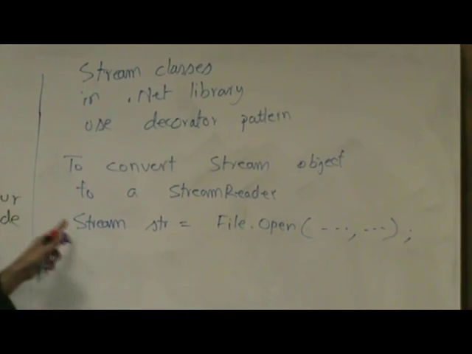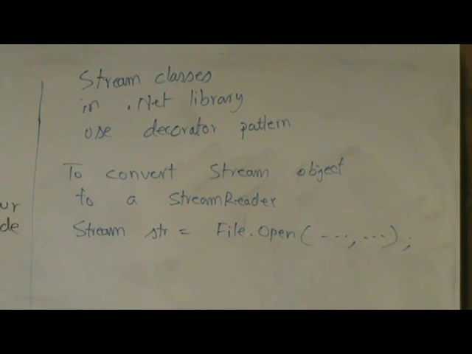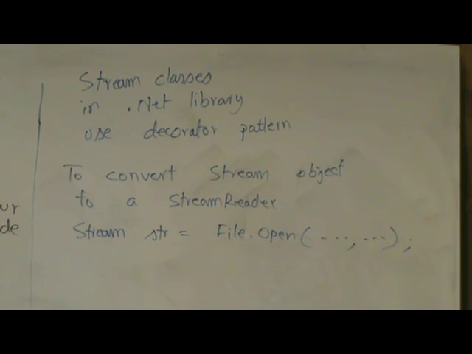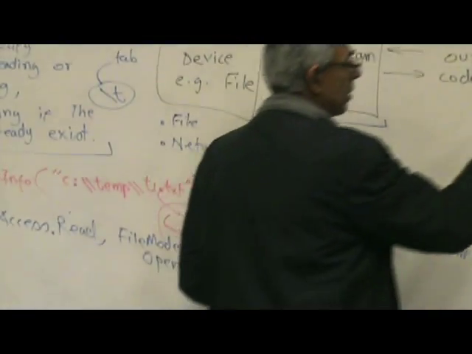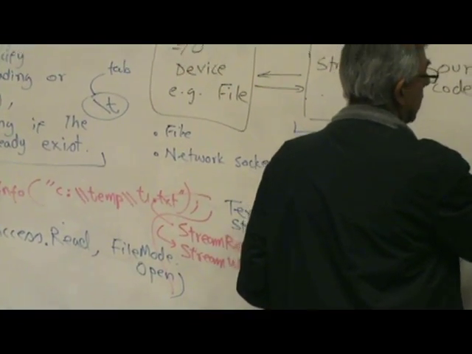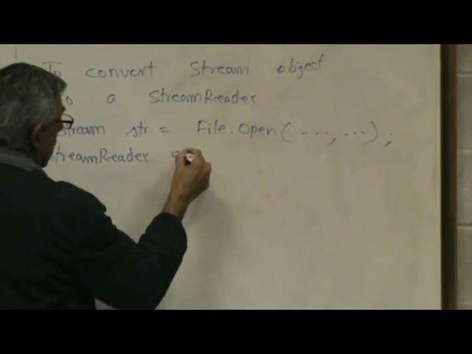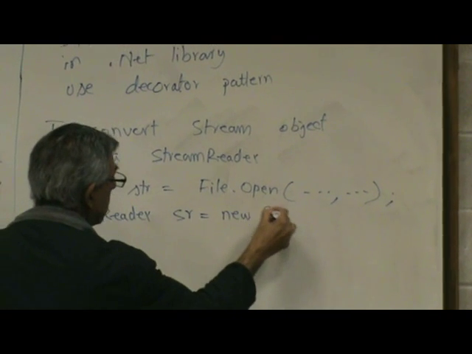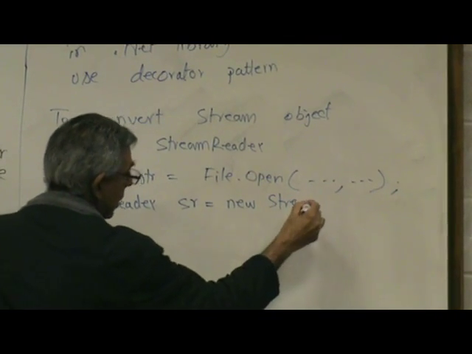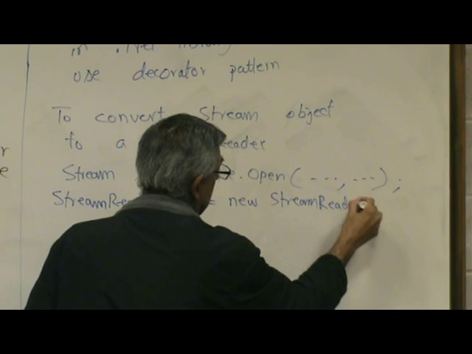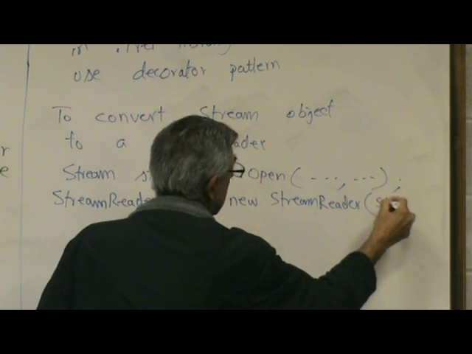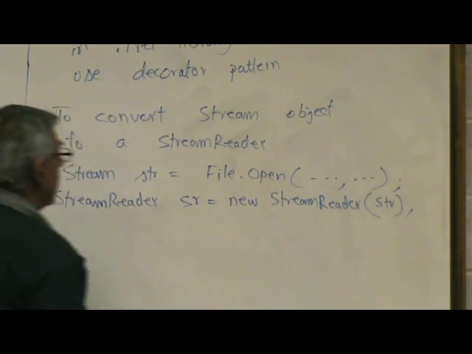Okay, so now if we wanted to convert it to a text type of stream, which as I mentioned earlier is StreamReader, so our code will simply look like this: StreamReader sr equal to new StreamReader, and pass the binary stream, which is str in this example, in the constructor. Okay.